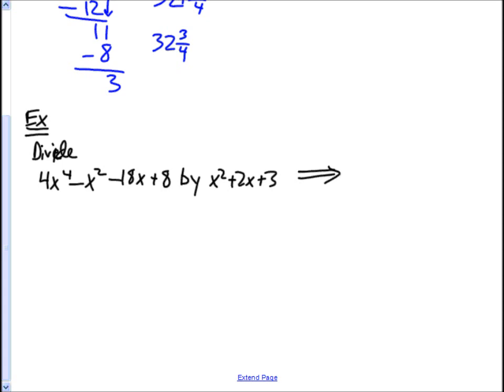Of course, this can also be written as 4x to the 4th minus x squared minus 18x plus 8 divided by x squared plus 2x plus 3.